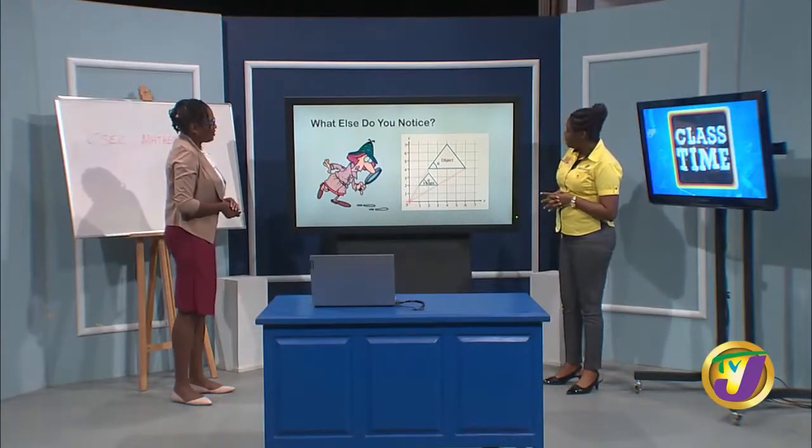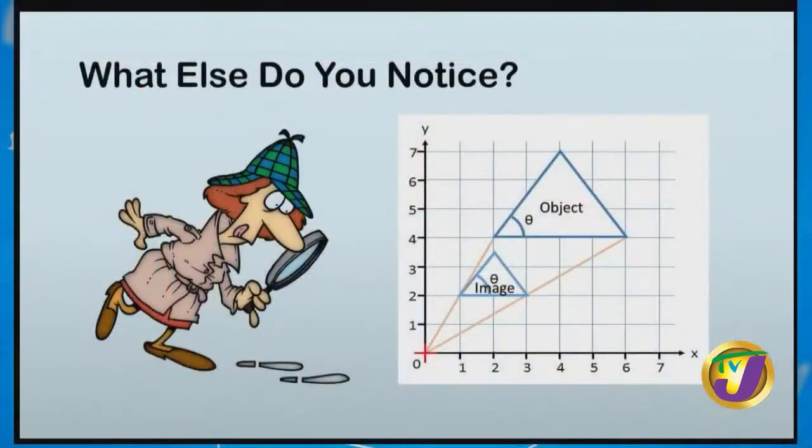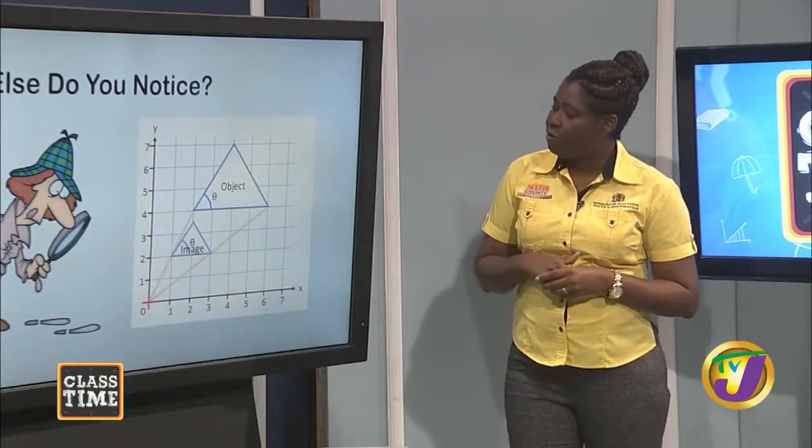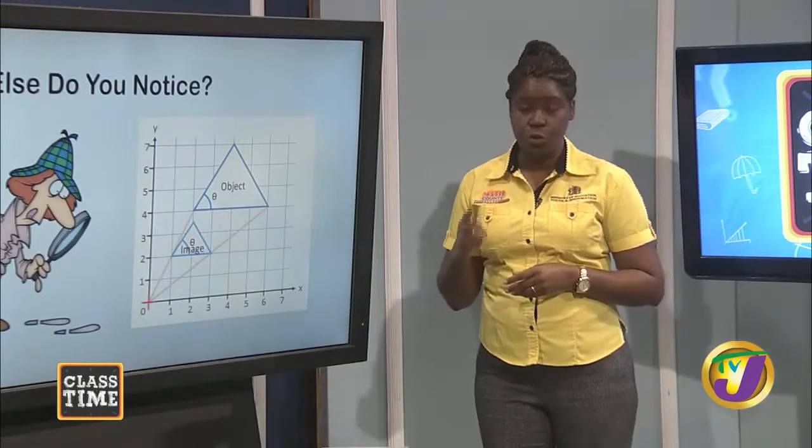As was mentioned before, we have proportional lengths, and notice that the distance from the center, which is marked by x, here 0, 0, to the object is 1, 2, 3, 4 units, and from the image to the center, it's 2 units.